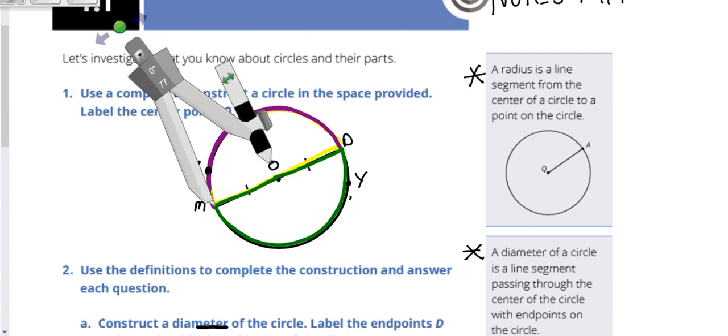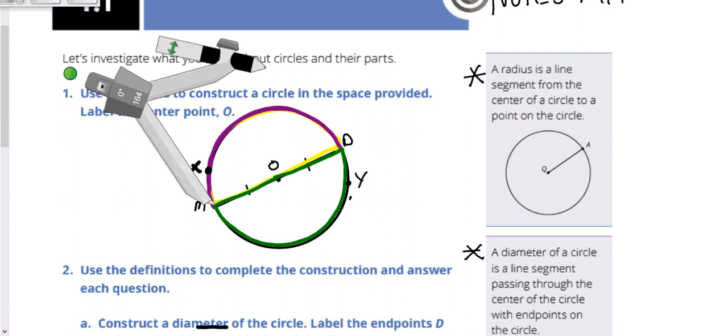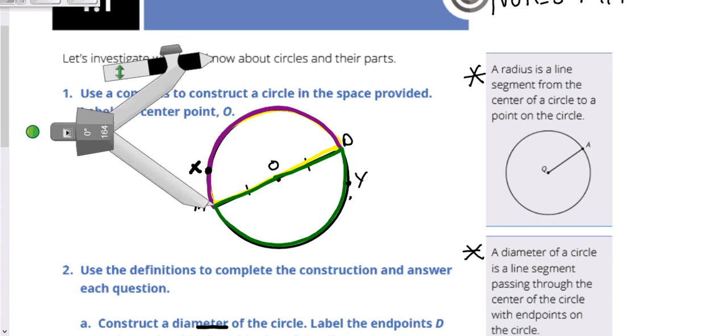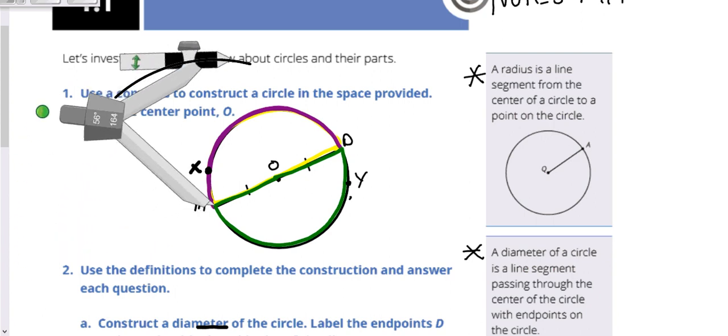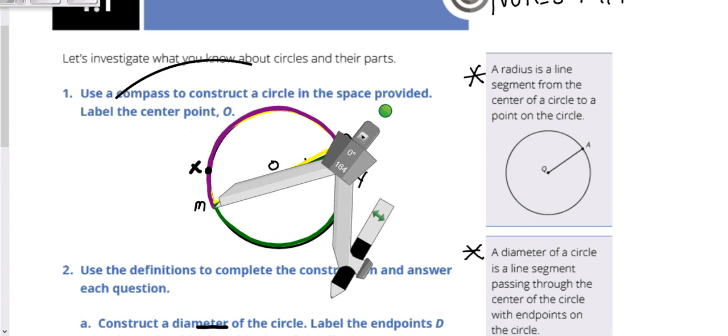There we go. And I need to expand this out some. There we go. So now I just need to get some arcs up here, and then some arcs down here.